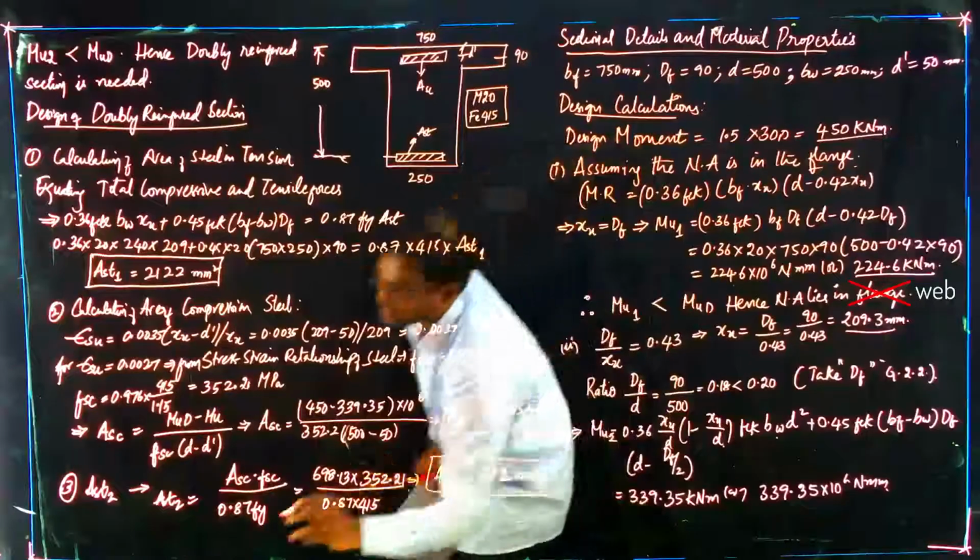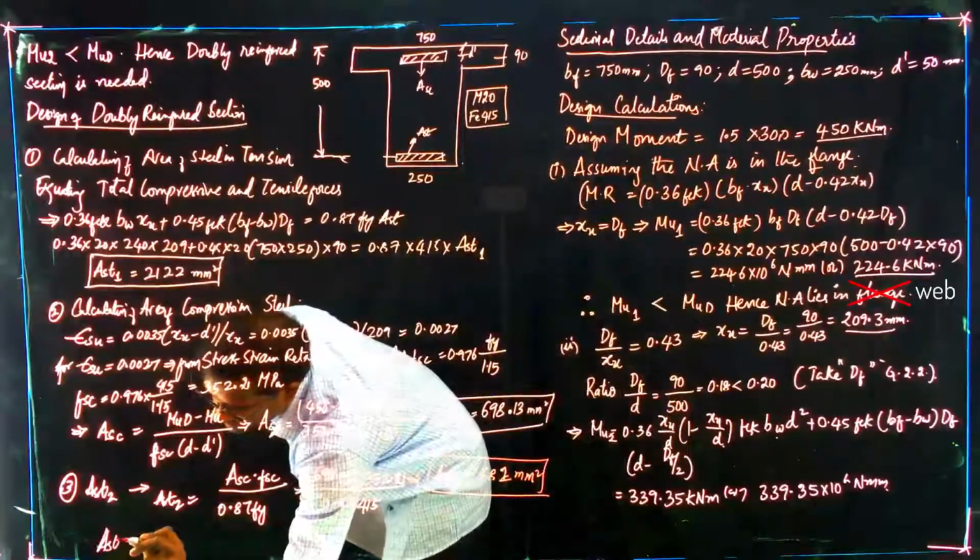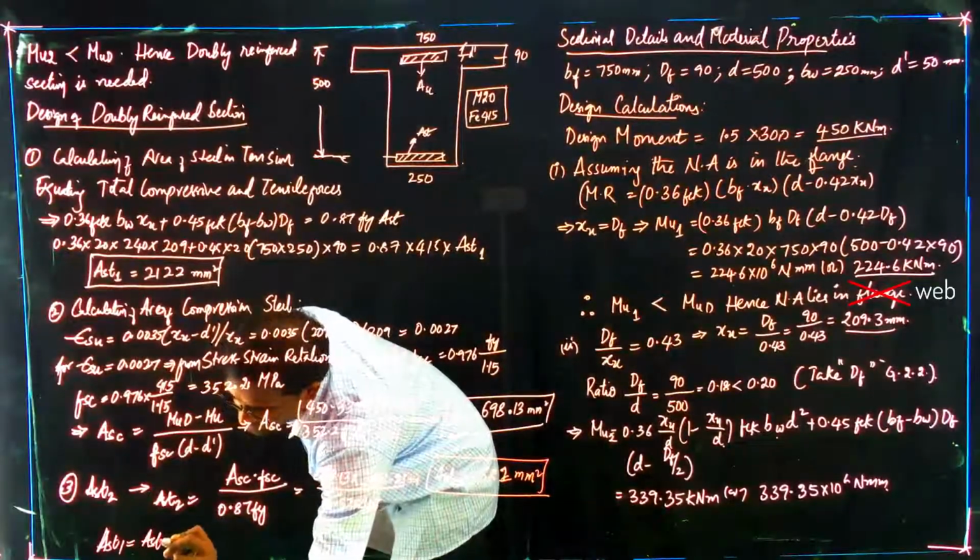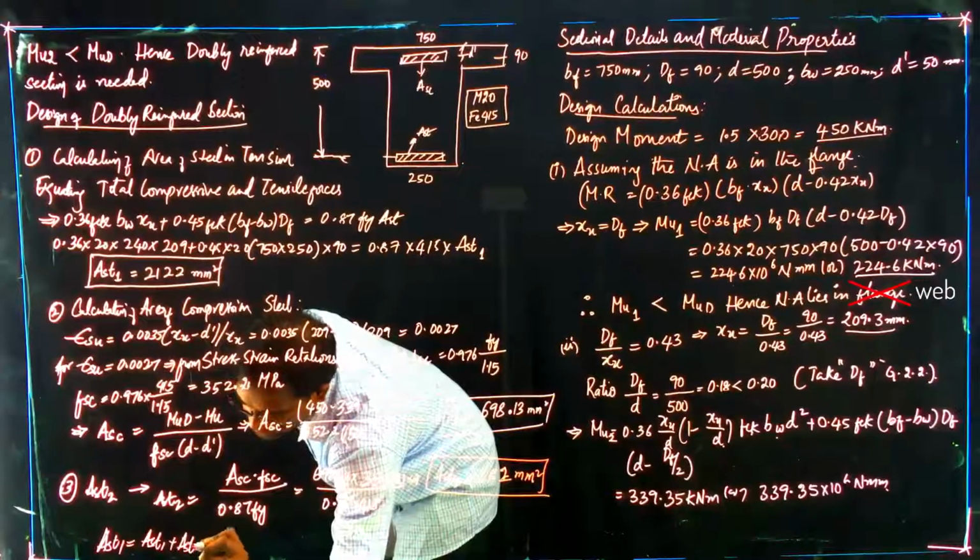Now Ast total is given by Ast1 plus Ast2.